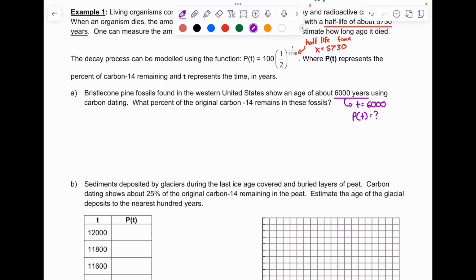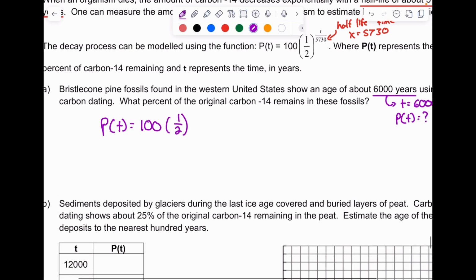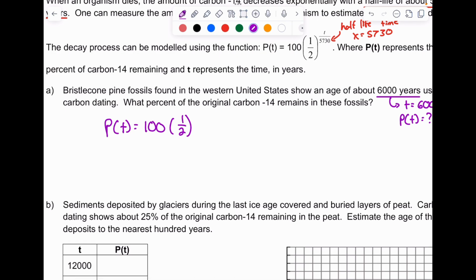So if we just use our P of T formula, our percent of carbon remaining, well, we have 100 multiplying by half, and you're putting it to the power of T, and you're dividing it by its half-life time, 5,730.